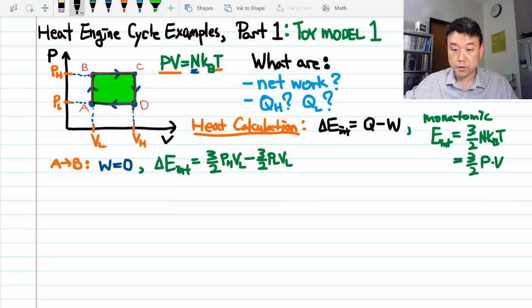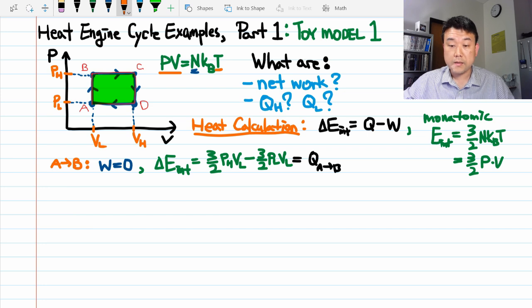Since the work done was 0, this is equal to heat transfer along the process A to B. If you look at this expression, you can see that it's going to be a positive number. So there's a heat input into the system as the system goes from A to B. Alright, let's keep talking through.